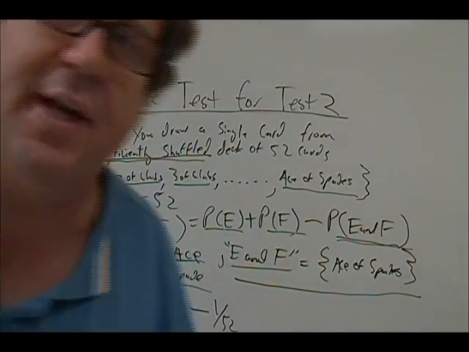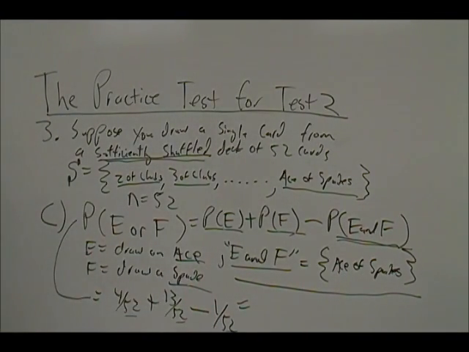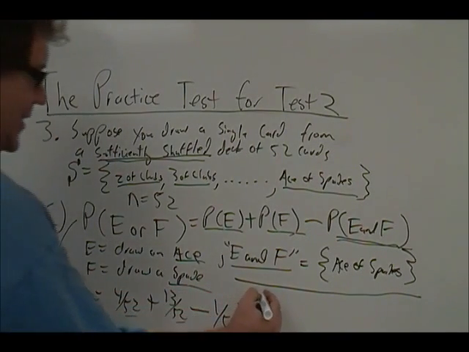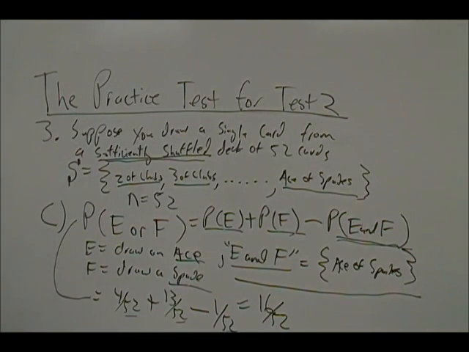Make sure all that's in there. And that equals, since they all have the same denominator, I just add up the numerators. 4 plus 13 is 17. 17 minus 1 is 16. So the answer is 16 over 52 as an unreduced fraction. Then I notice that this is not fully simplified.